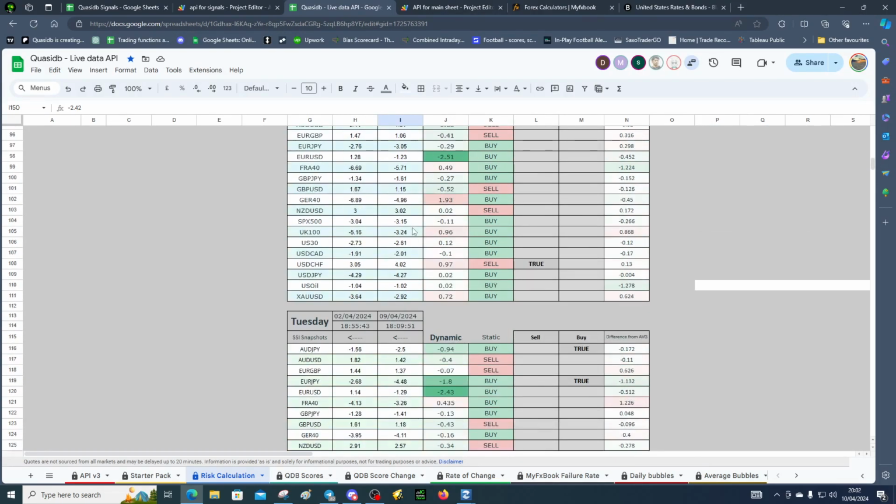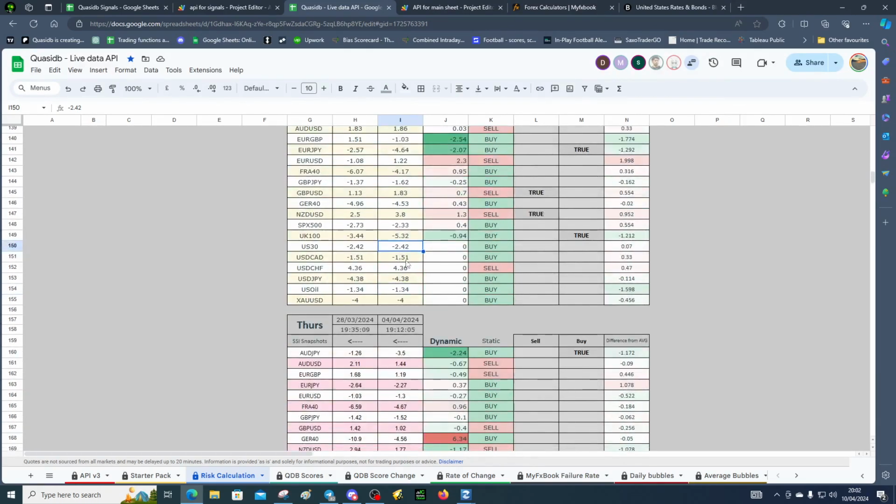UK. Okay, maybe it was like last week. Anyway, US 30 minus 199, so that's getting closer to zero. And dollar CAD minus 3.27 and 3.04, and then 4.13, and then 1.14 minus 2.58.